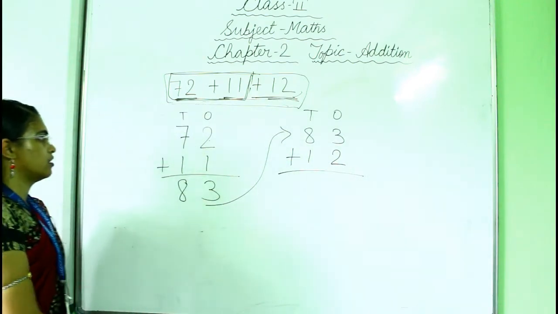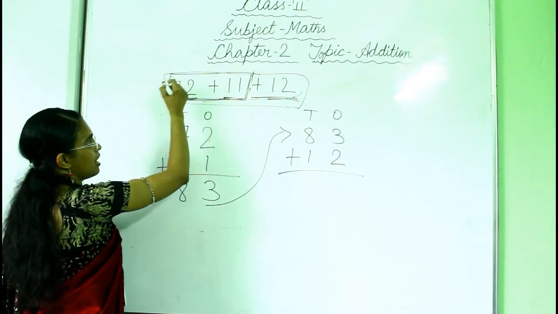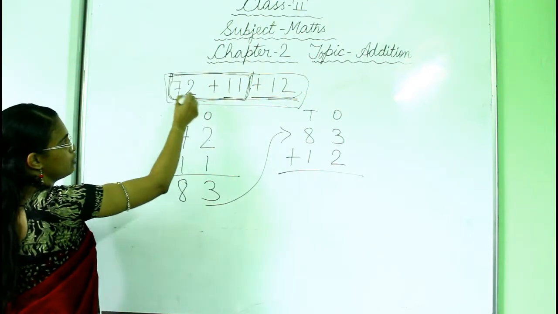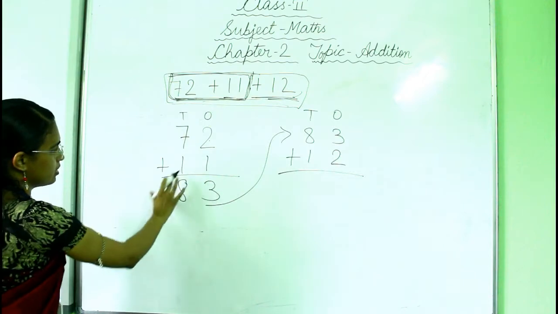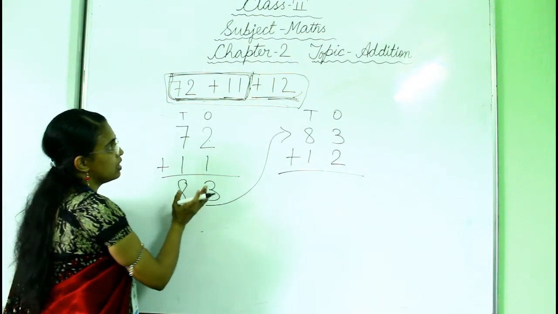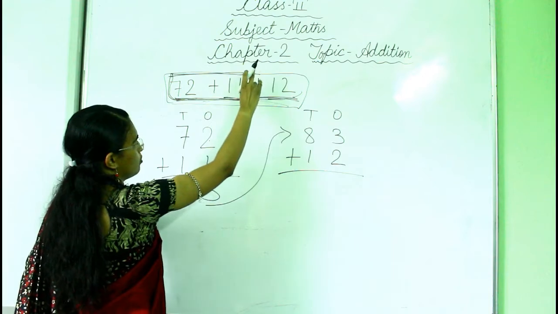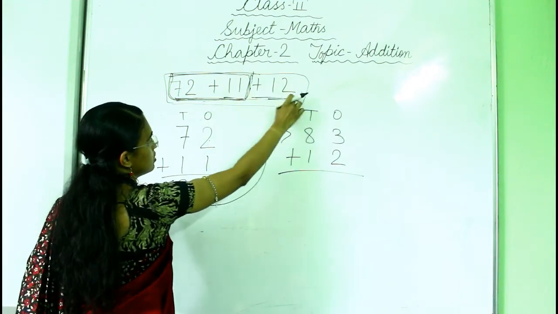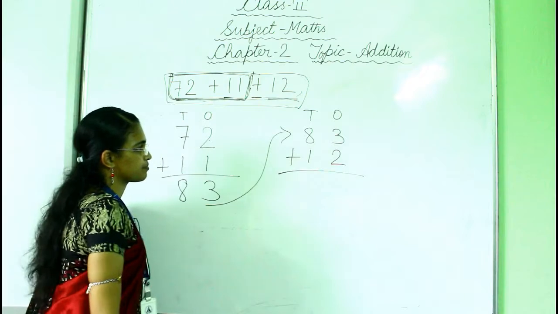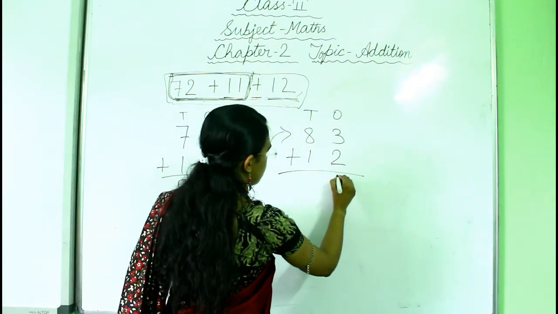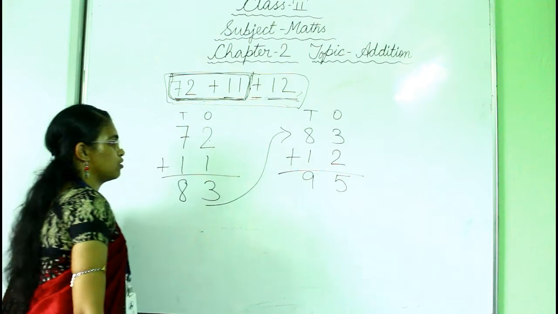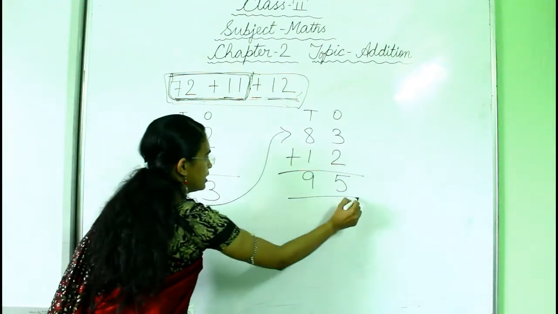First we take these 2 numbers among the 3 and do the addition, then whatever sum we get, we add that sum to this last number. So 3 plus 2 is 5 and 8 plus 1 is 9. So the answer is 95.